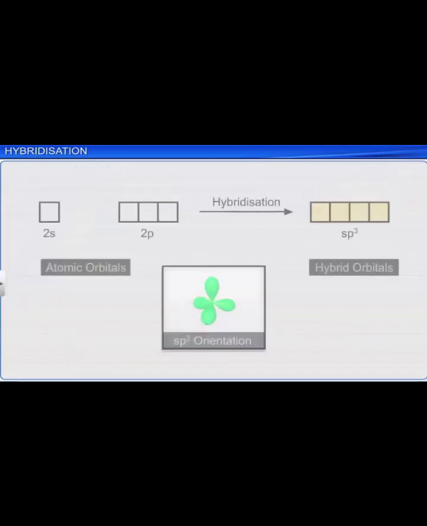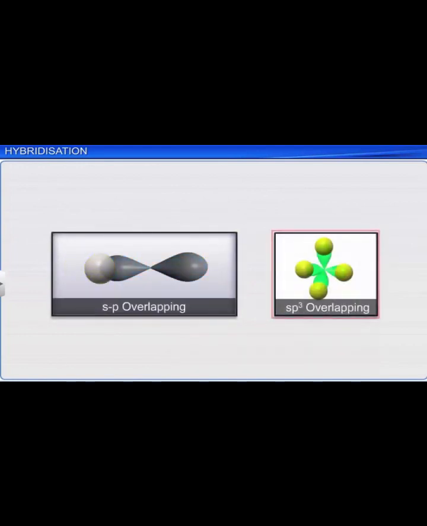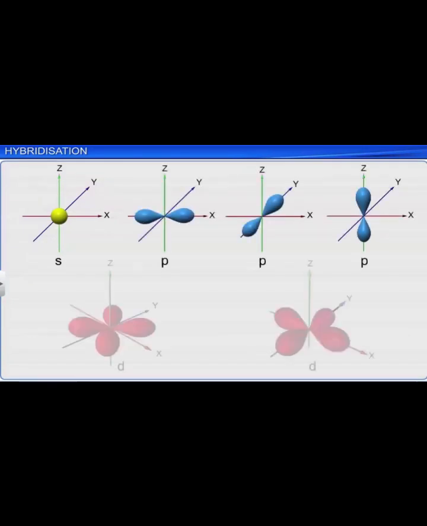These hybrid orbitals align themselves in space such that there is minimum repulsion between the electron pairs. Because of this, the bonds formed by hybrid orbitals are more stable as compared to those formed by pure atomic orbitals. The phenomenon of hybridization is observed in the atomic orbitals s, p and d.